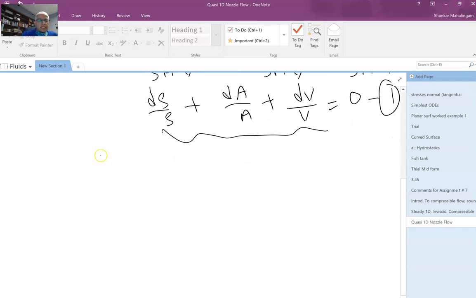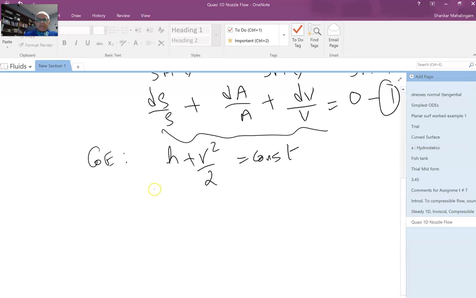Next, we look at the conservation of energy equation. I can write it in the following form: H plus V squared over 2 equals a constant. This is simply the stagnation enthalpy being constant in the flow, the assumption being that there's no energy added into the flow in the form of either work transfer or heat transfer. That's the only assumption at this point.